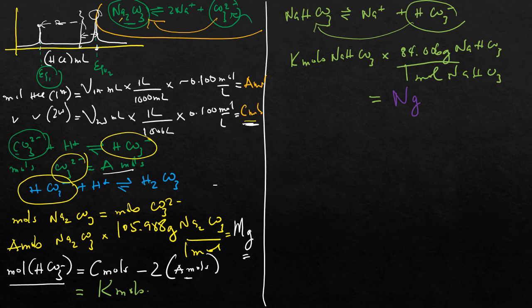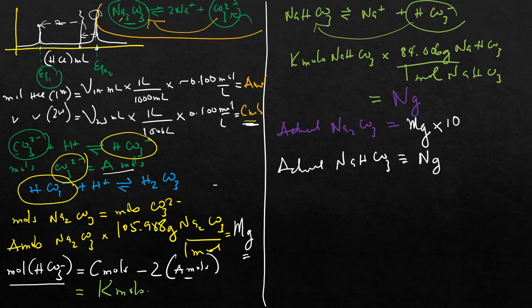So the grams you use actually is just a factor of 10 less. So to get the actual grams of your sodium carbonate would be m grams times 10. Then the actual mass of your sodium bicarbonate will also be what? n grams times 10.